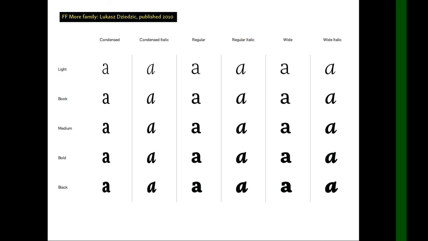You'll notice that the width differences between the regular and wide and the regular and condensed aren't as extreme as they are in some of the sans serifs, and we also don't get into extremely condensed or extremely wide in this particular design, just because in serif typefaces that have more stuff going on, it becomes far more difficult to read the final result.